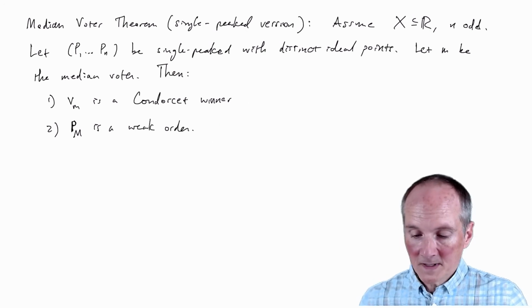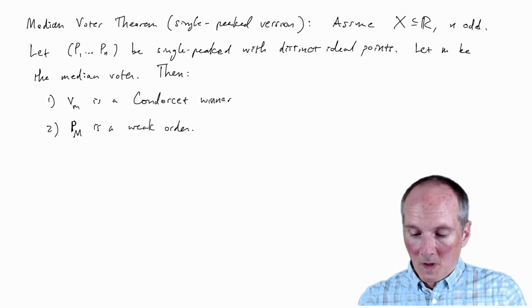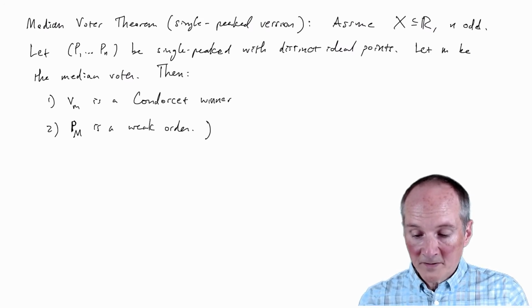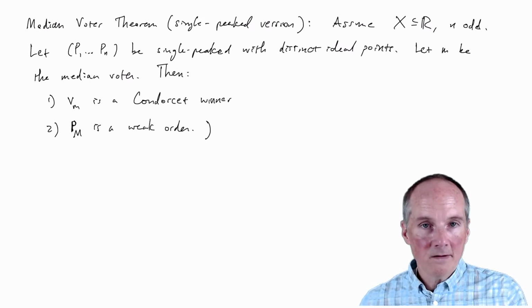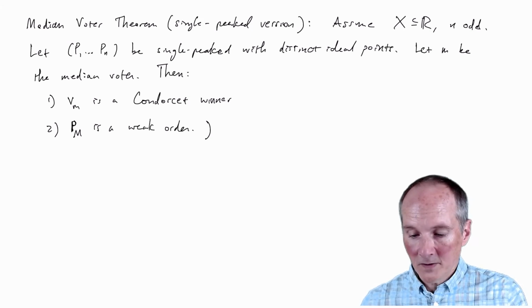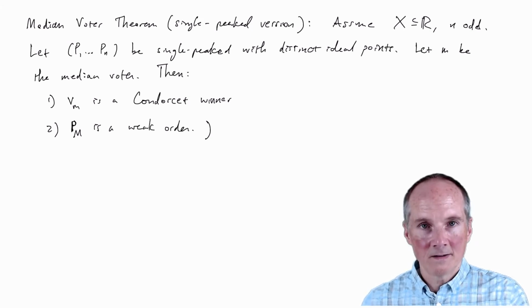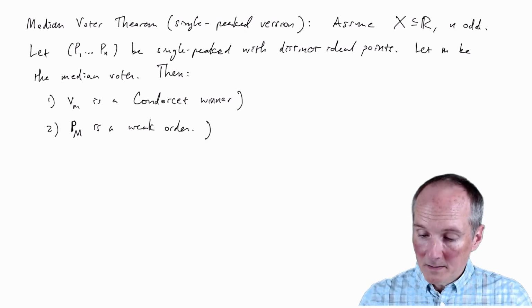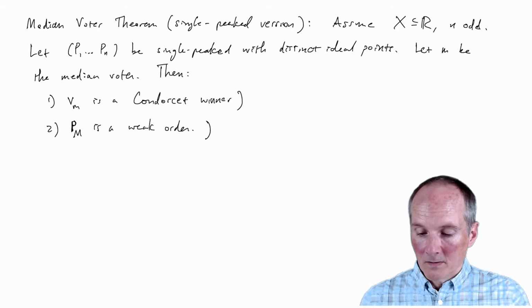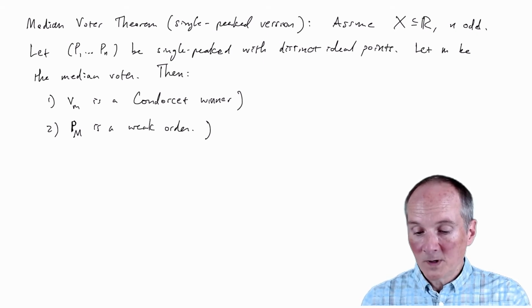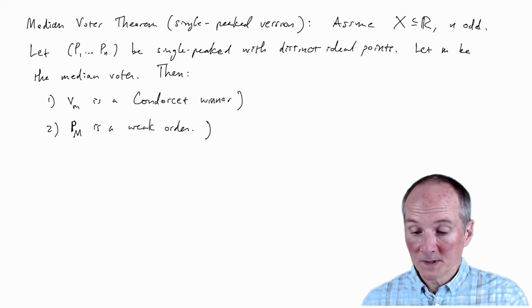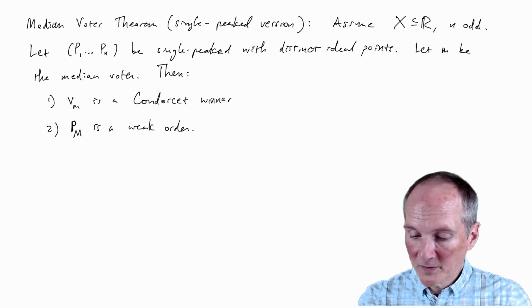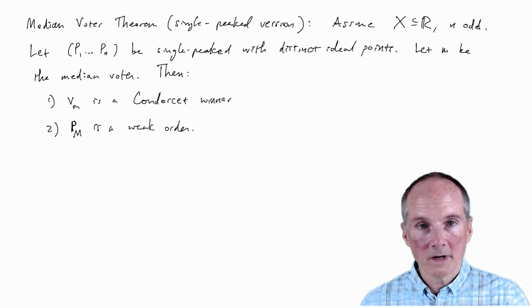What we find out now is that the majority preference relation is a ranking, but it might not be the median voter's. In the previous example, we saw that the two can be in conflict. But by part one here, the majority ranking will still have the same top-ranked alternative. Okay, the ideal point of the median voter will still be majority preferred to everything else.